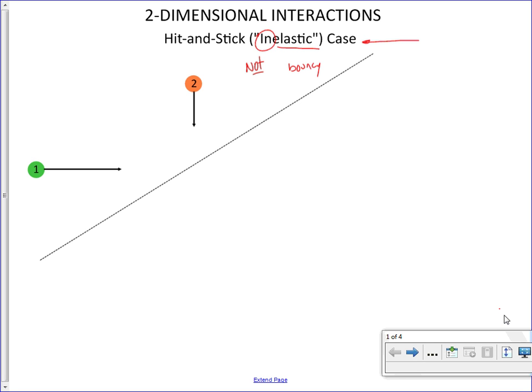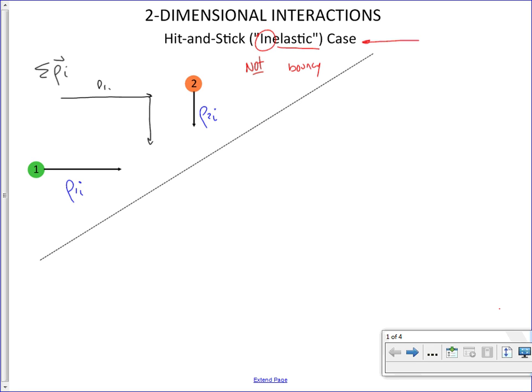So, well, if I say that these are their momenta, initially, well, what we can do right off the bat is sort of say that the net initial momentum is the sum of those two momenta, really the sum of those two vectors. So it's this plus this.